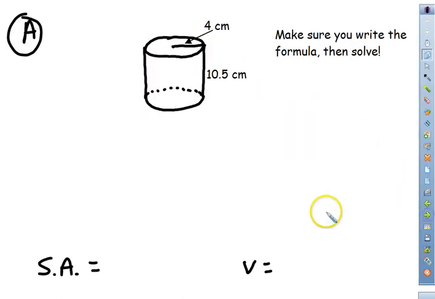Now what we have to do is use those formulas, and again it says make sure you write the formula then solve. Make certain you are doing so when you solve these.